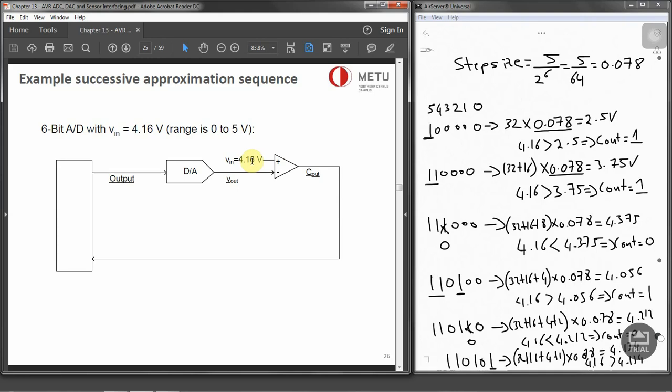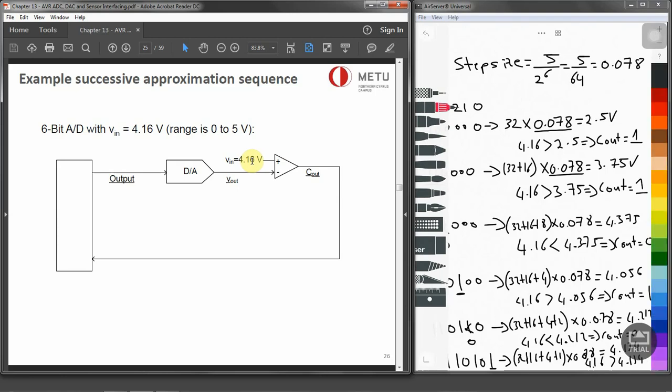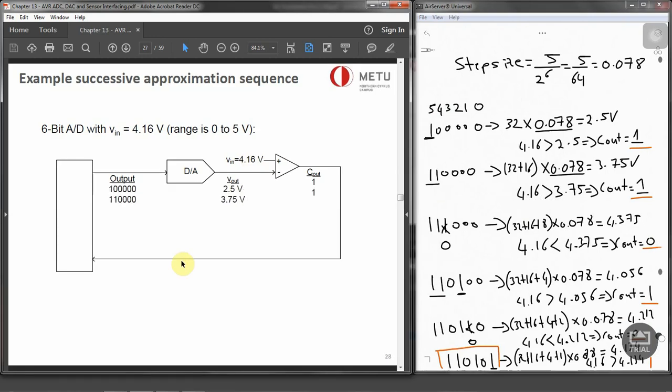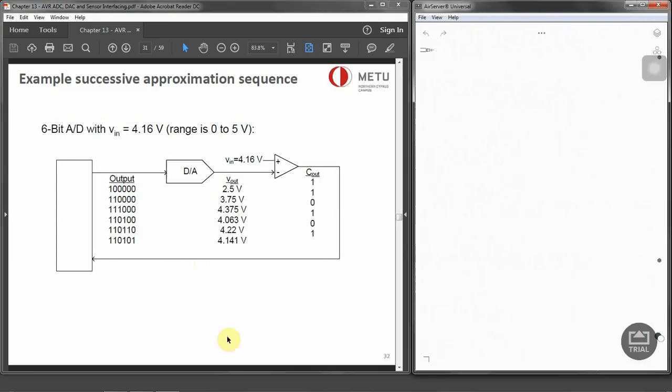We have frozen that one. So in this case, in the end, we have got 11010, and the last one is going to be 1. So this will be our result of the operation, 110101, based on the conversion parameters given. And the rest of this slide shows briefly the values that we have calculated on the whiteboard.